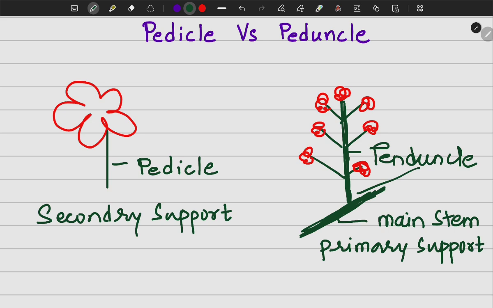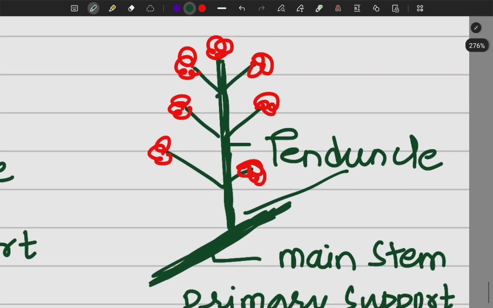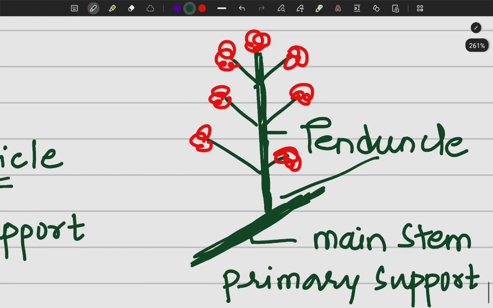Alright, now a single flower usually has a single pedicel, but a peduncle can have multiple pedicels. Here in this inflorescence, if we look closely, there is a single main stalk, the peduncle, at the middle, and from this peduncle are arising different smaller stalks supporting single flowers, right?